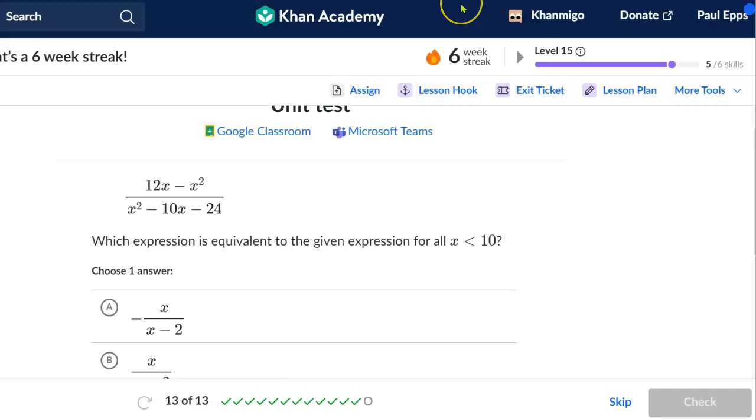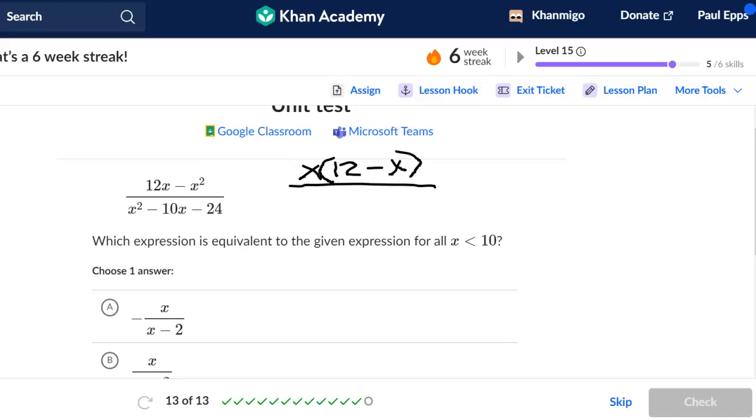So, factoring the numerator, 12x minus x squared, we can just factor the x out and say that it equals x times 12 minus x. And that all goes over.